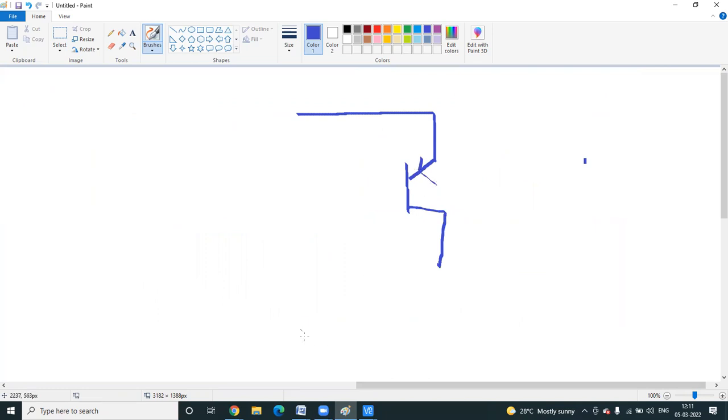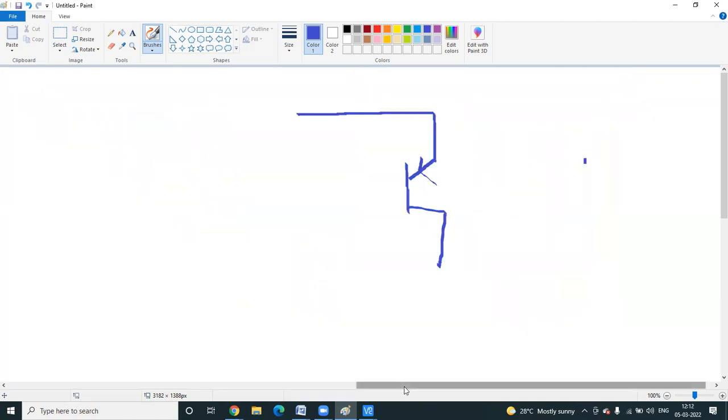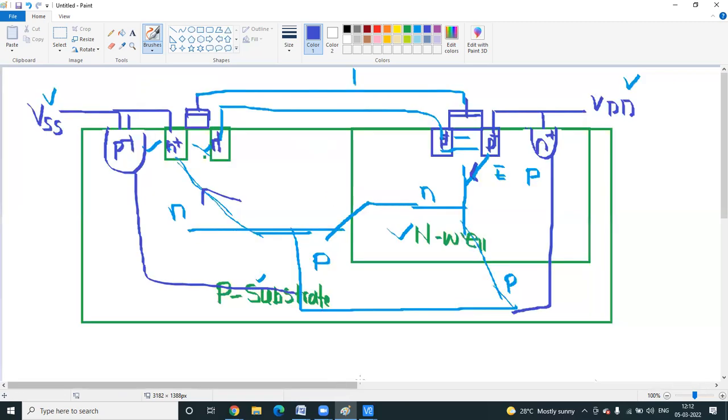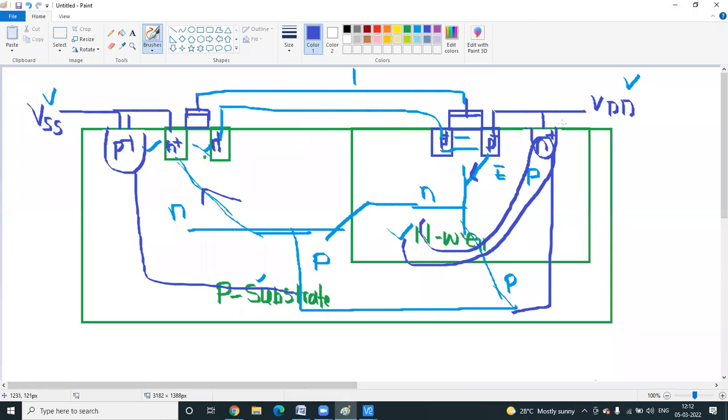The current entering at this point is connected to VDD. Another path: I have taken all the N well resistance together at one point as R N well. It is also connected to VDD only, and this one is also connected to VDD only.